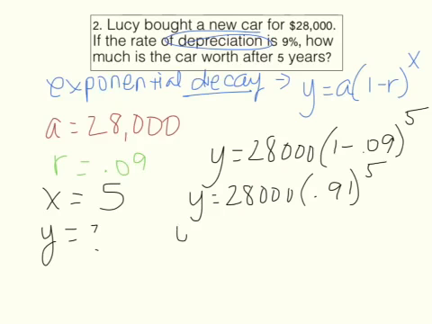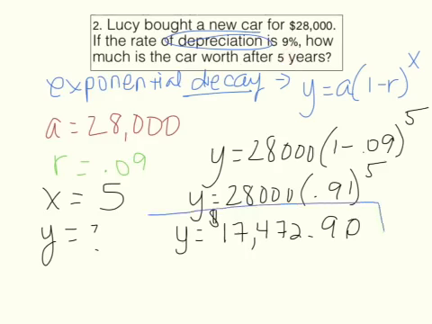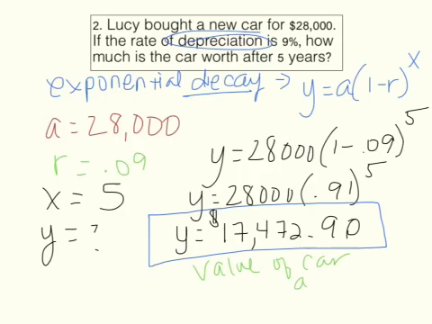And we get that y is 17,472.9. So what that means, because we're talking about dollars, is she bought a car for $28,000, and 5 years later, this is how much it's worth. This is how much it has depreciated over 5 years. So I'll write that here: value of car after 5 years.